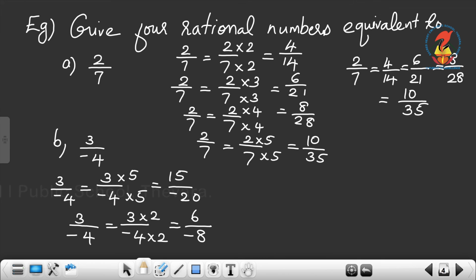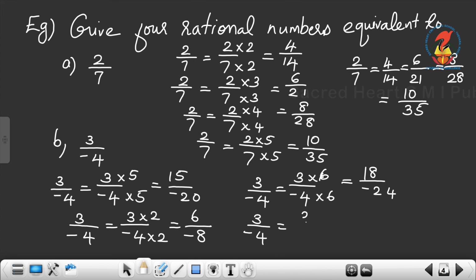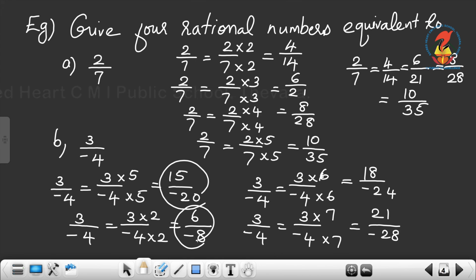Then 3 by negative 4 into 6 equal to 18 by negative 24. Then 3 by negative 4 into 7 equal to 21 by negative 28. So the equivalent rational numbers are 15 by negative 20, 6 by negative 8, 18 by negative 24 and 21 by negative 28.